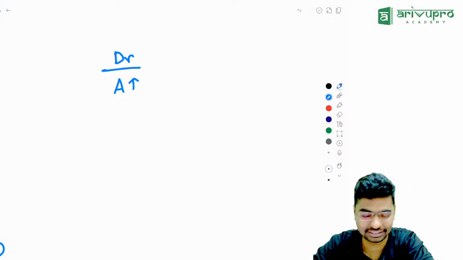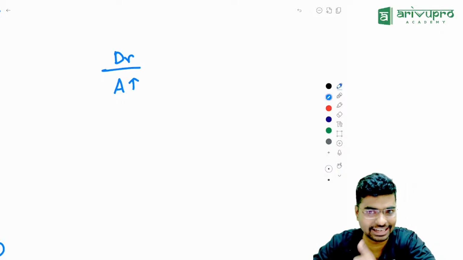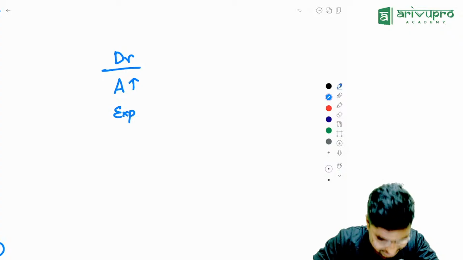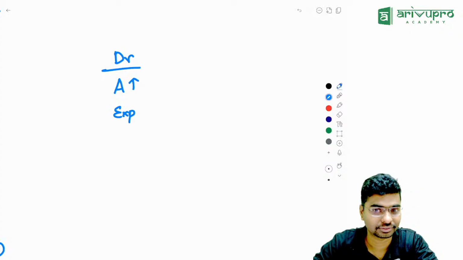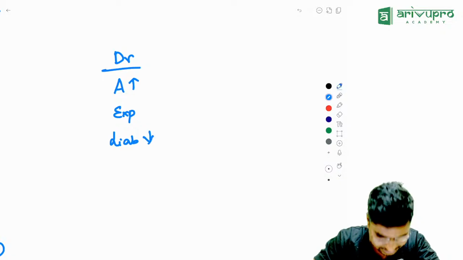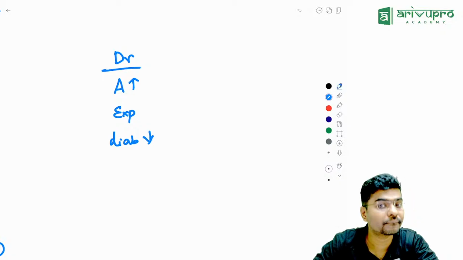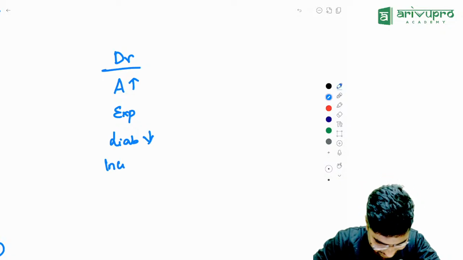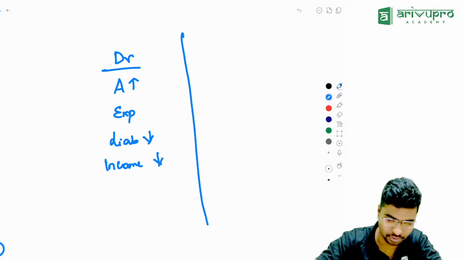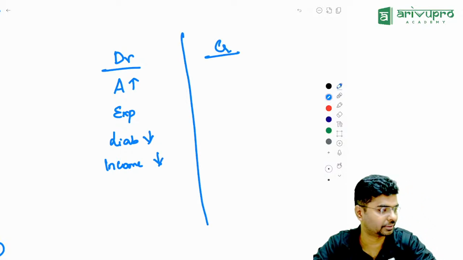What all is a debit? An asset increase, then expenses, then liability decrease. Okay, income decrease, right?